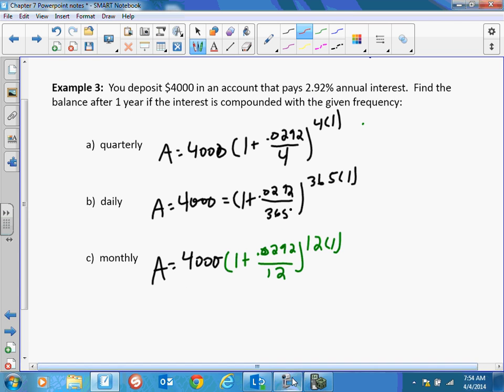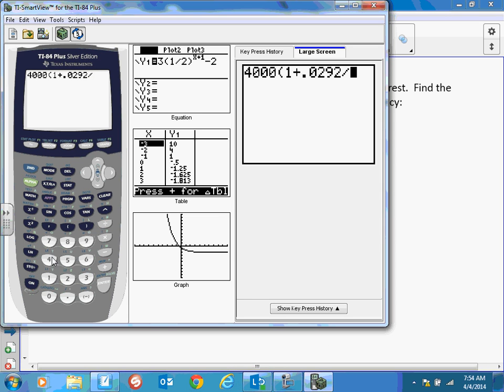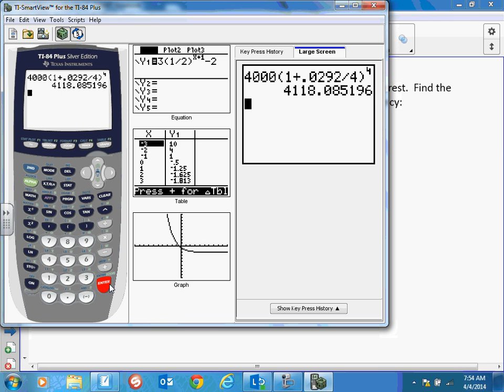Quarterly, so divided by 4, parentheses to the power of. What's 4 times 1? Well, it's just 4. So that'll be your first answer.